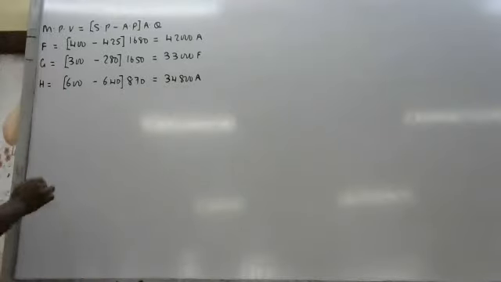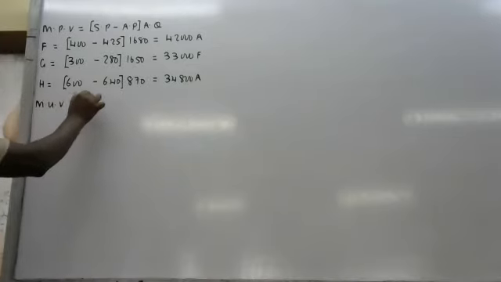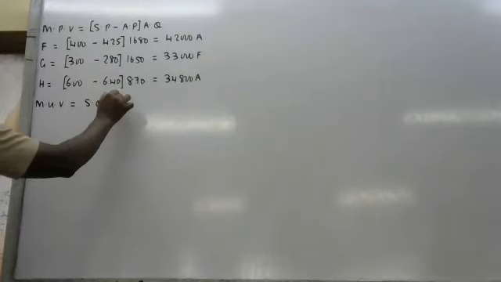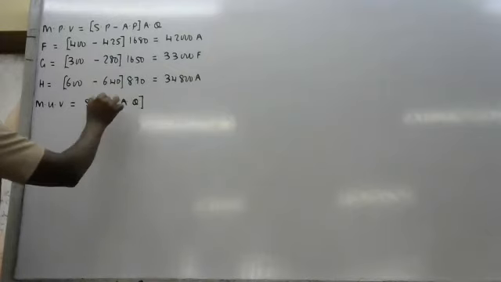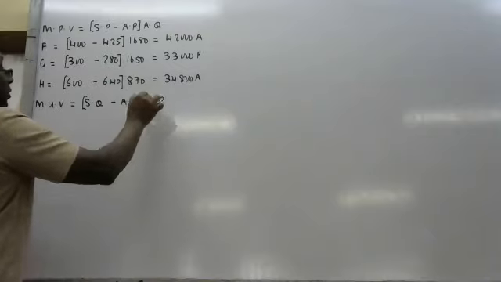Let's go to material usage. Materials usage variance is standard quantity minus actual quantity. You multiply by standard price.